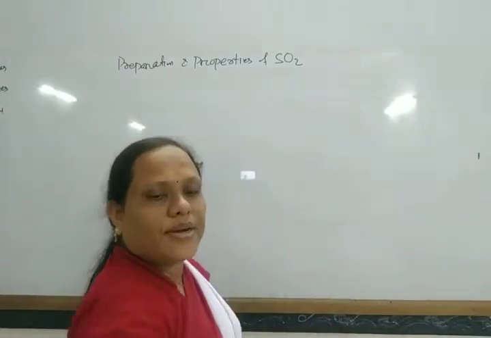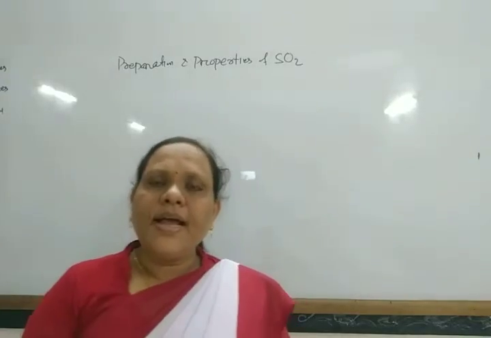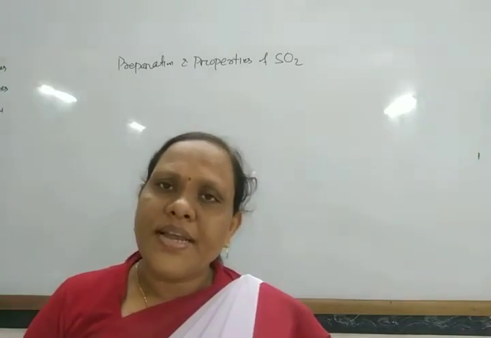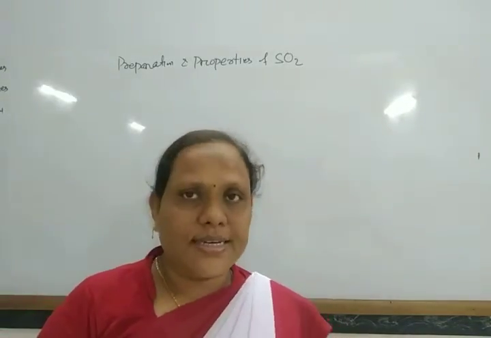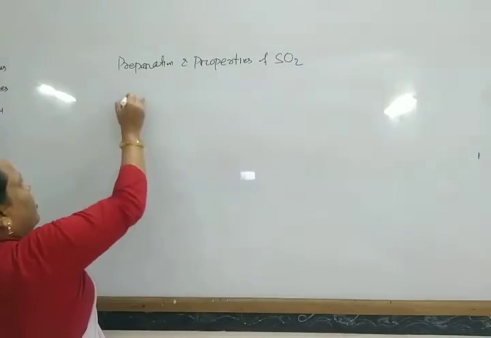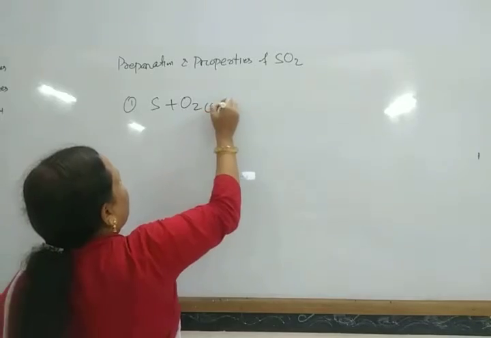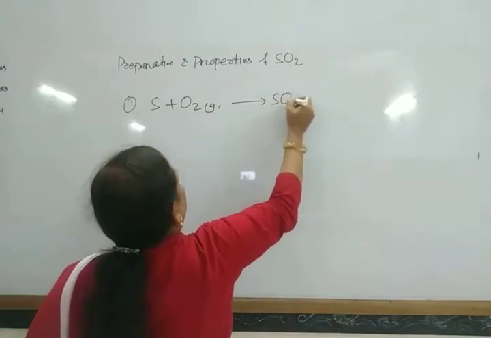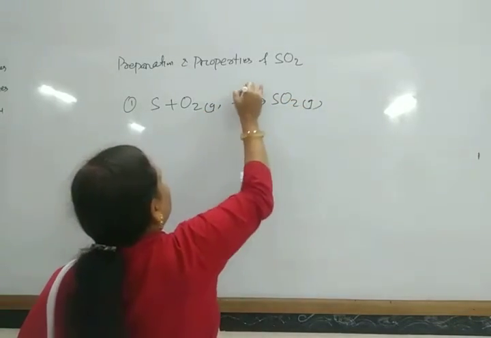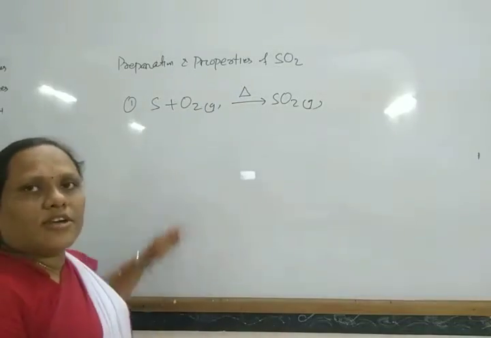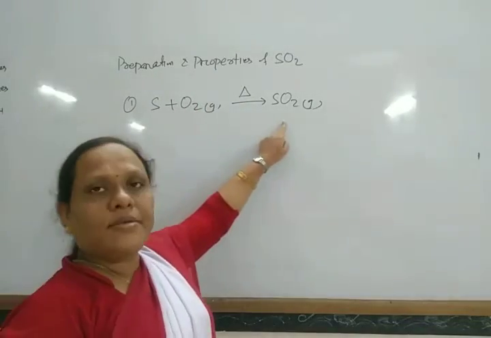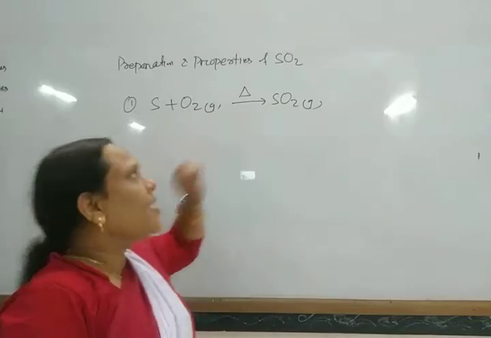Sulfur dioxide gas is prepared directly by burning sulfur with oxygen. So when sulfur reacts with oxygen, S plus O2 gives rise to SO2 gas. When sulfur undergoes oxidation, it gives sulfur dioxide.